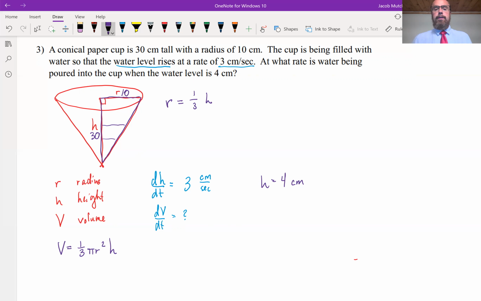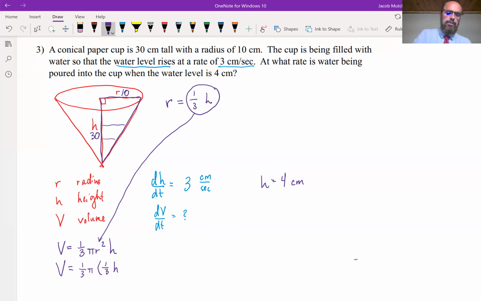So what I'll do here, as I make my substitutions, in fact, before I differentiate, I want to make this substitution in the equation. Wherever I see r, I want to write instead 1/3 h. And I'm going to make that change before I differentiate. So the equation I'll be working with is volume equals 1/3 pi times (1/3 h) squared times h.